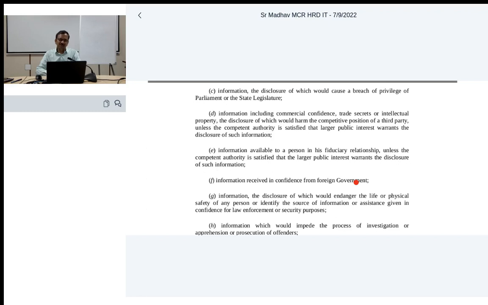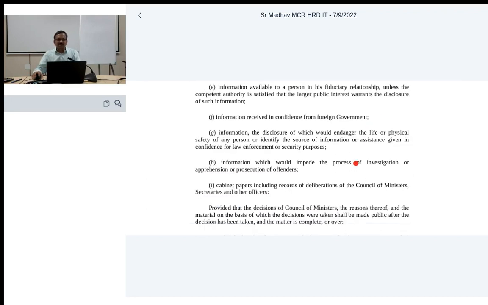All these relationships fall under the ambit of fiduciary relationship. For example, legal advice tendered by an advocate may be withheld under Section 8.1e. And 8.1f deals with information received in confidence from a foreign government, and g and h are mostly related to law enforcement agencies.